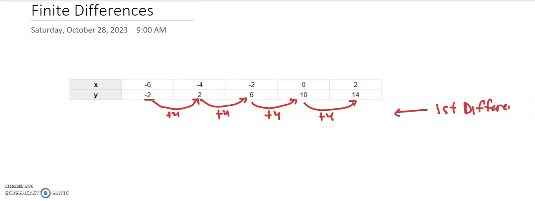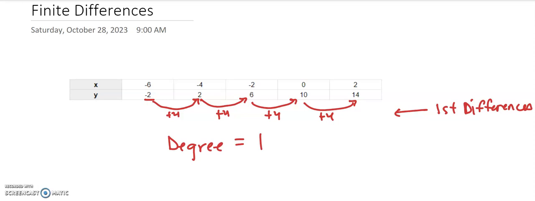What happens with this process is that if the row of differences comes up constant, that informs us about the degree of the function. Because I have constant first differences, that means the degree of my function is equal to 1.